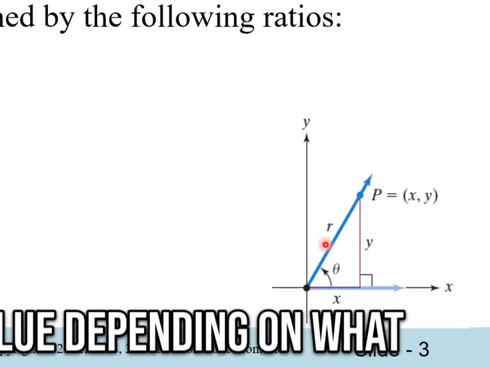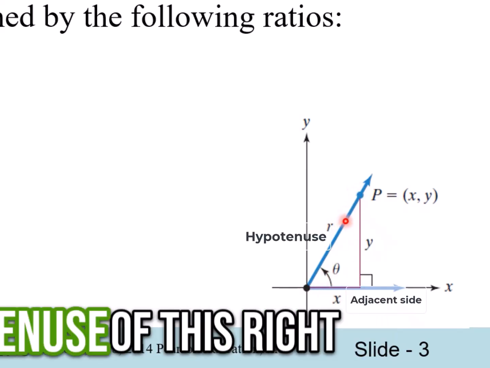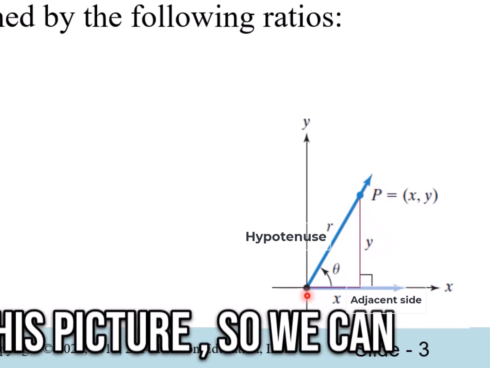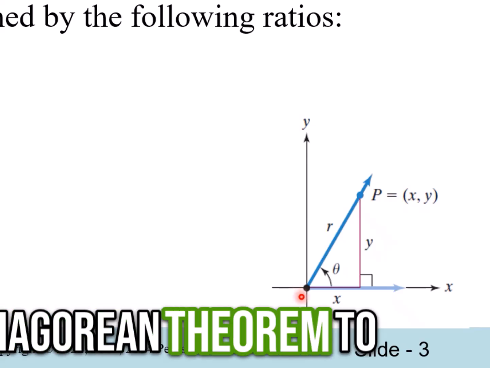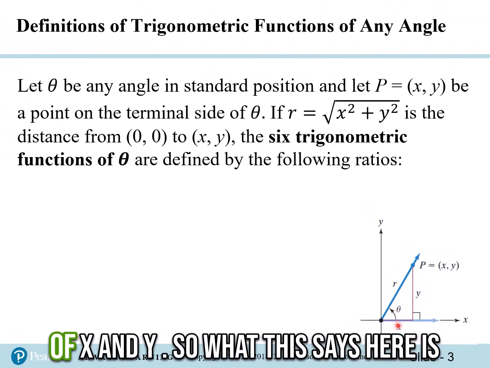It can be any value depending on what value x and y take. Now, r is also the hypotenuse of this right triangle in this picture. So we can use the Pythagorean theorem to find the value of r given the values of x and y.